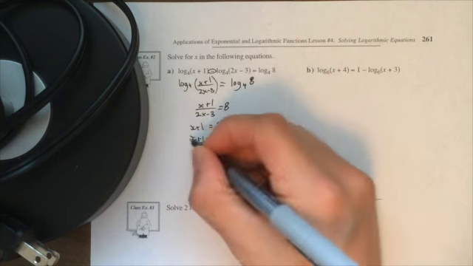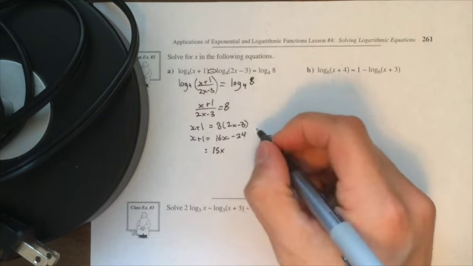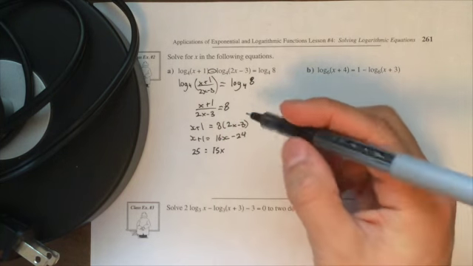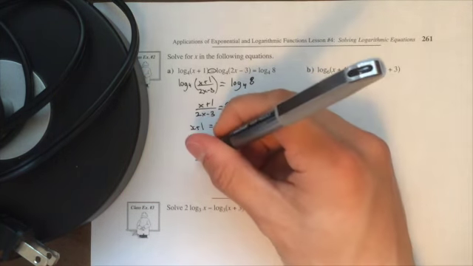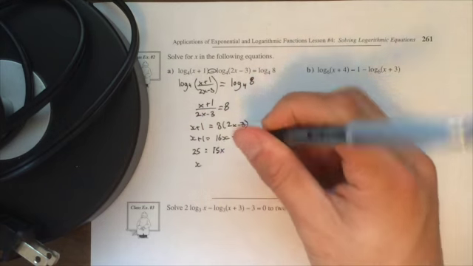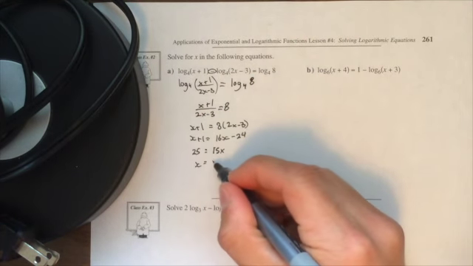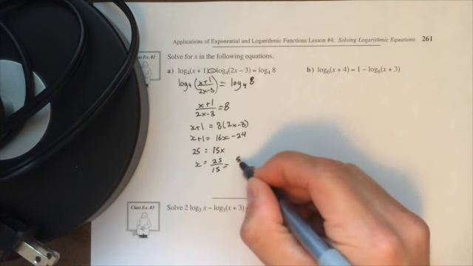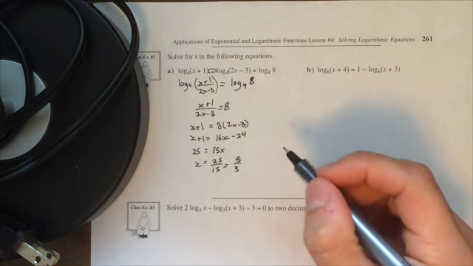If I bring 24 over this side, I'm adding 24 plus 1, I'll be left with 25. And if I solve for x, x is equal to 25 over 15, or if I reduce that, 5 over 3.